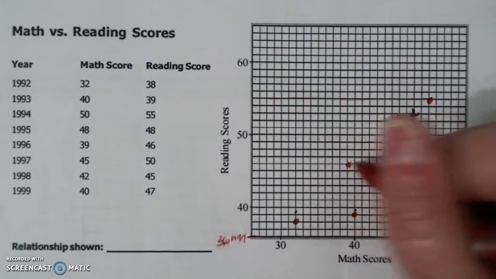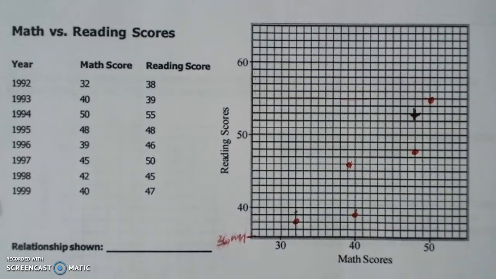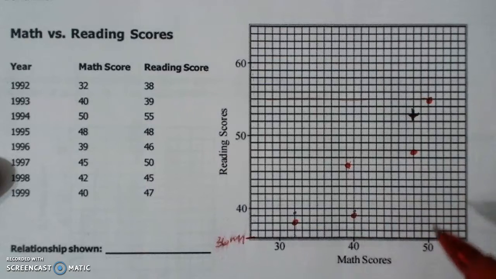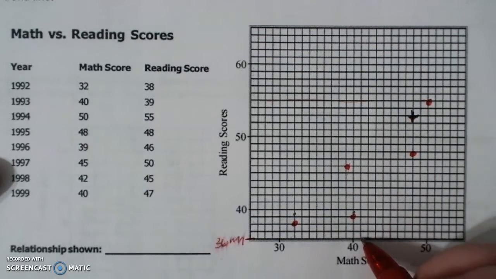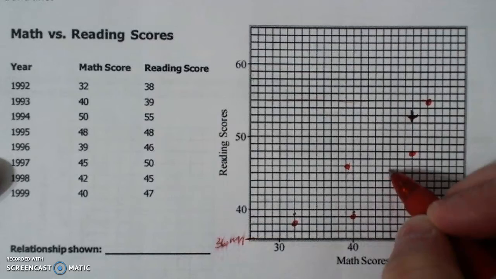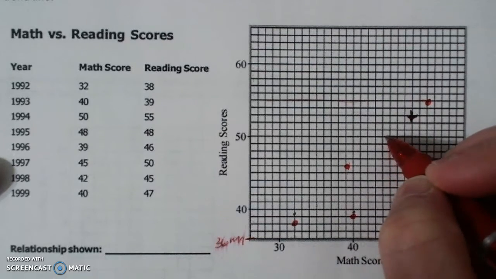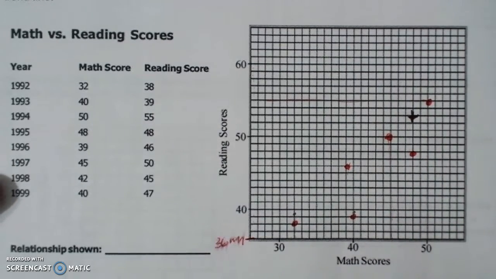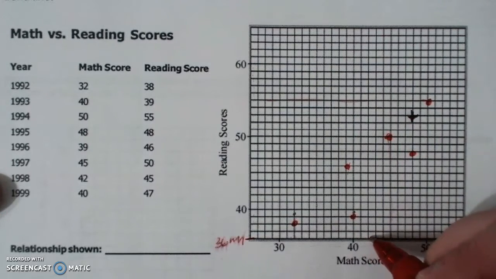And you will have to make a scatter plot on your test. So make sure you know how to plot stuff. Telling you everything that's going to be on your test. 1, 2, 3, 4, 5, 45, and 50. And 42 and 45.